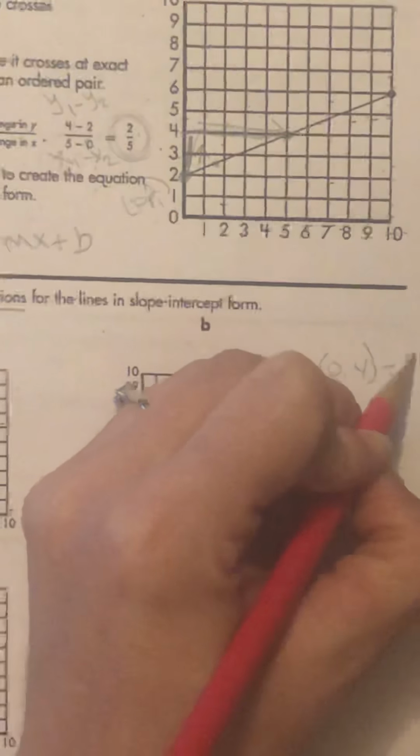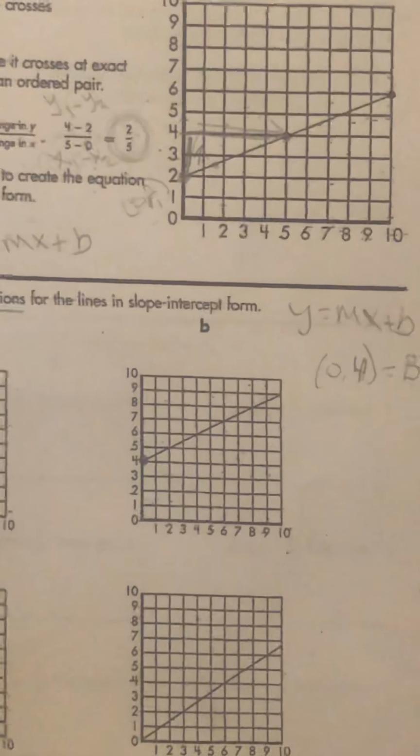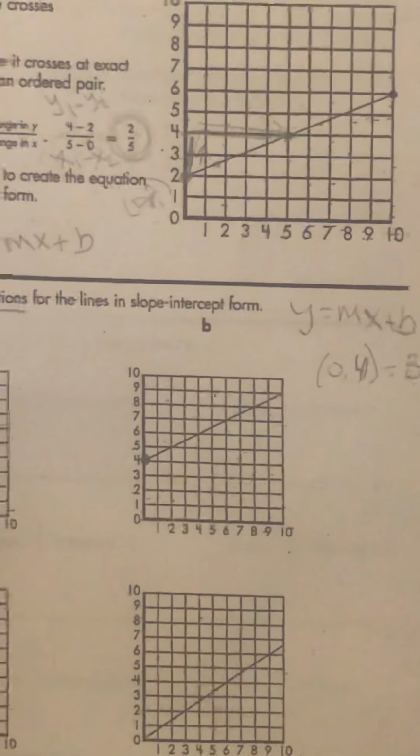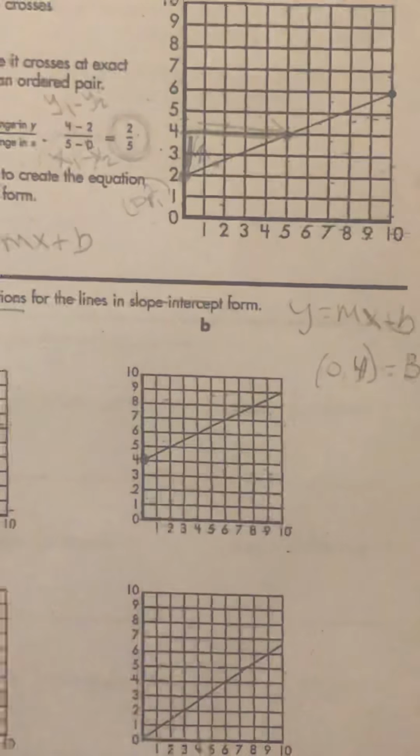Then I have to find my slope. Let me find another point on the graph that is exactly on the grid. Here's one point that's exactly on the grid and another point that's exactly on the grid. Between these 2 points, I can count my rise over run.